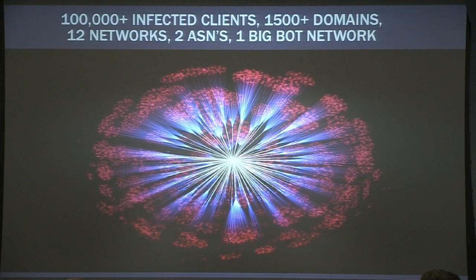Turns out those are hundreds of thousands of infected computers going to thousands of domains, going to 12 networks, which in turn go to autonomous system numbers that essentially control the network. And what this works out to be is one big bot network, and this is the connectivity and the graph of this bot network all in one picture. So immediately, even if you didn't know anything about security, you would know that these things are connected, and if they were labeled or you moused over them, you could see how they're connected. So pictures are very valuable in looking at representations of data in a more meaningful way than just the text.